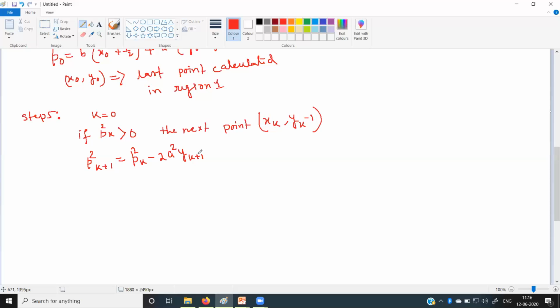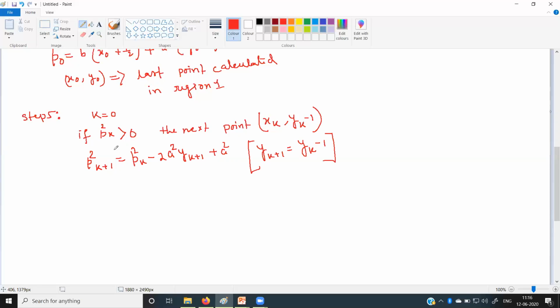Y of k plus 1 is here nothing but yk minus 1. So I'm writing it, otherwise you can make a mistake. So y of k plus 1 is the y value at k plus 1th iteration. So here you remember the y value for the k plus 1th iteration is nothing but yk minus 1. Okay.